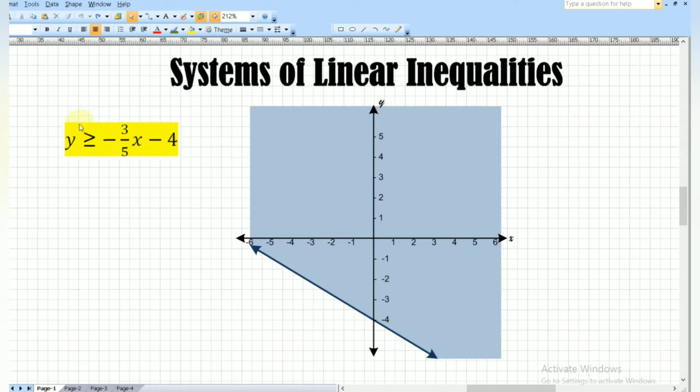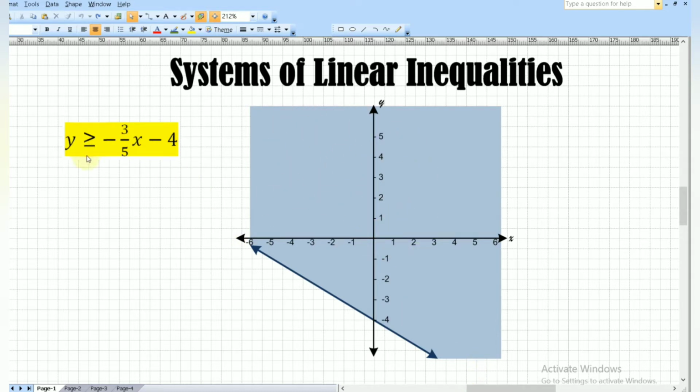If it is greater, with an equal sign or without, as long as it is greater, don't forget the y always represents the vertical direction. Greater means above.